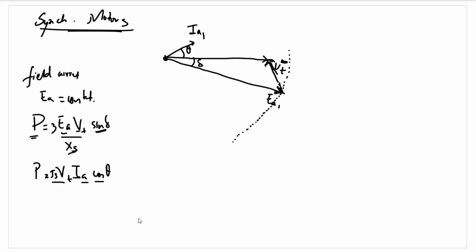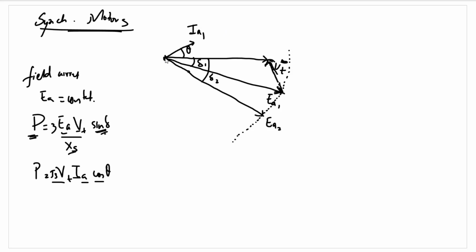So what we'll see in case of a synchronous motor is once we increase the load, the real power demand has increased. That means delta has to increase so that sine delta increases so that P increases. So this will be the new EA2, where the magnitudes of EA1 and EA2 will be the same, but delta has changed from delta 1 to delta 2 such that sine delta changes such that P increases.